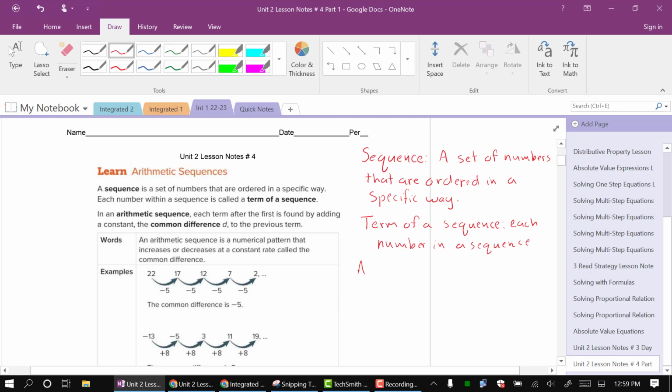So arithmetic sequences: each term after the first is found by adding a constant.